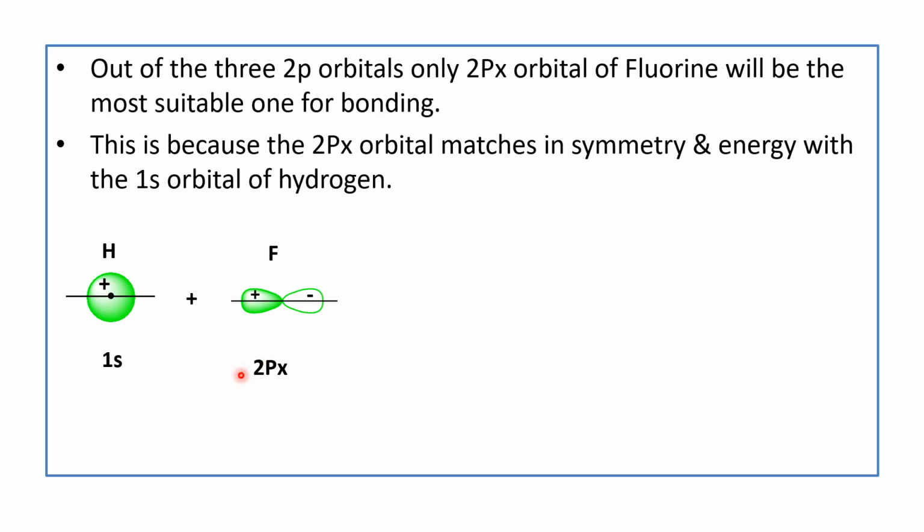So there will be overlapping of the 1s atomic orbital of hydrogen and the 2px atomic orbital of fluorine, and due to their overlapping, we are getting the bond formation for the HF molecule. There will be overlapping of the plus with plus. That means the larger resultant will be plus and the smaller will be minus, and this is for the HF molecule, right? And this is known as the sigma sp.